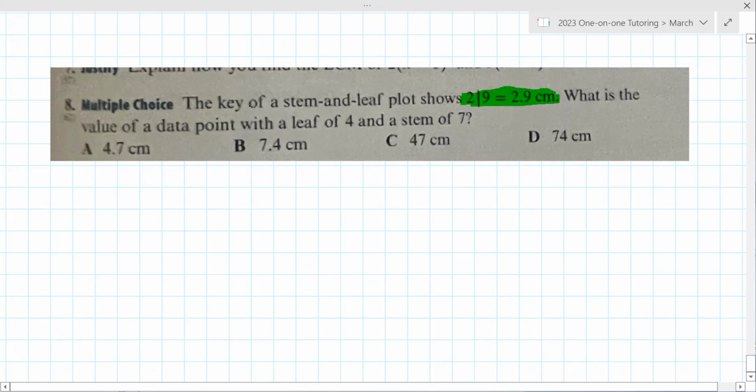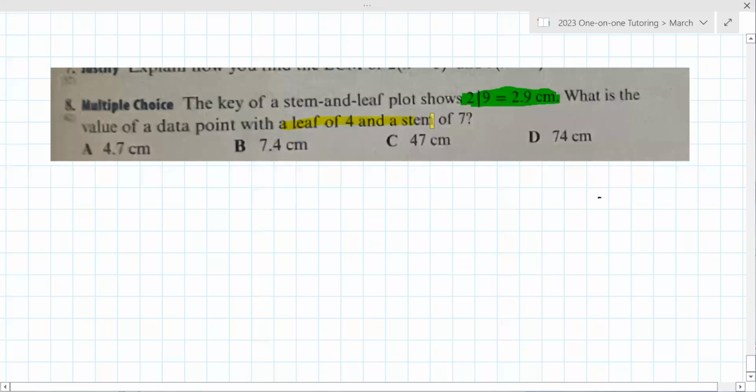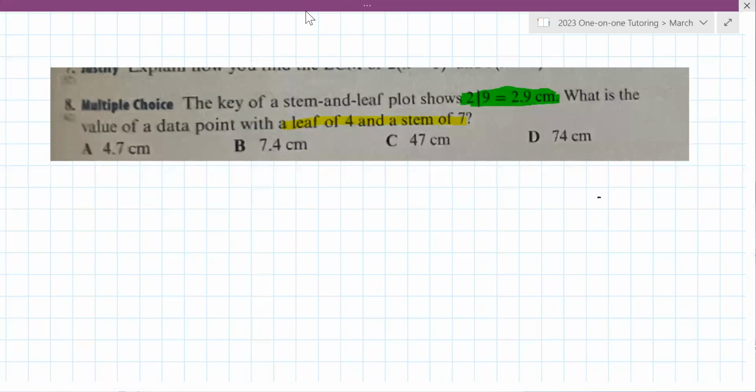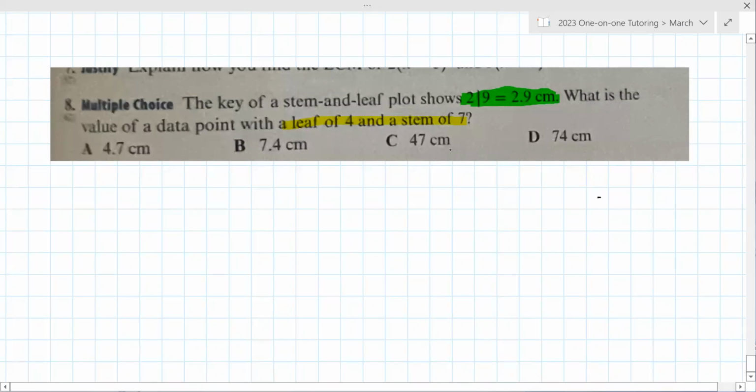All right, the key of a stem and leaf plot shows that 2 vertical line 9 equals 2.9. So do you see that the 2 means the number left of the decimal, and 9 is the number to the right? Now what they're asking about is a leaf of 4 and a stem of 7. Why have they done this? I believe it's stem, vertical line, leaf.